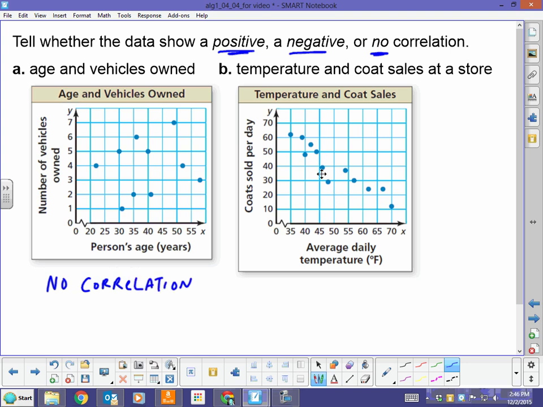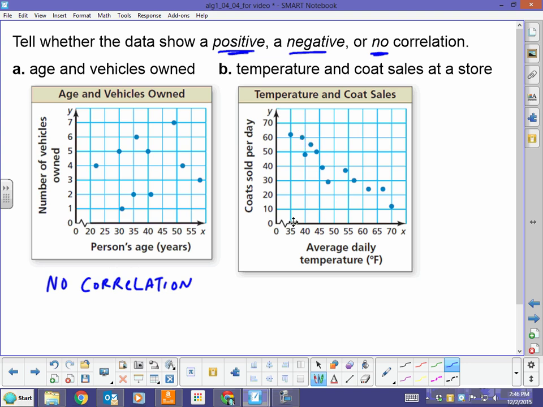Now for this one, we have average daily temperature and then coats sold per day at a store. So the question is, what happens to the number of coats sold per day as the temperature increases? Well, the coats sold per day decrease.